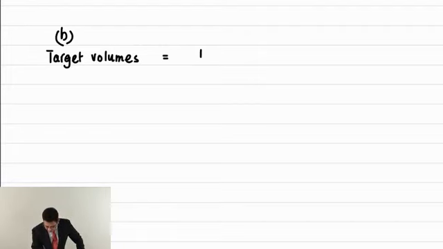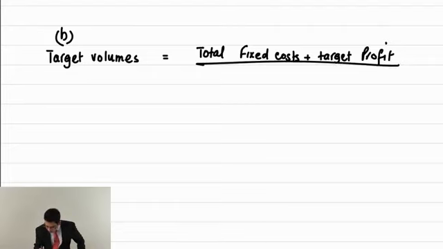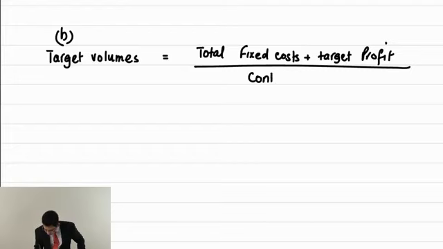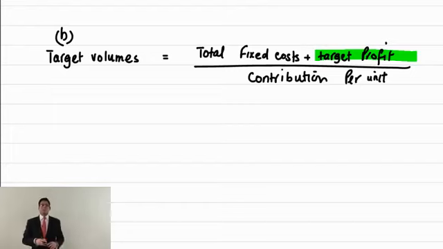Only difference is this: total fixed costs plus target profit, divided by contribution per unit. So only the change is this addition of profit. Everything else is exactly the same. Okay. Let's put the numbers down.